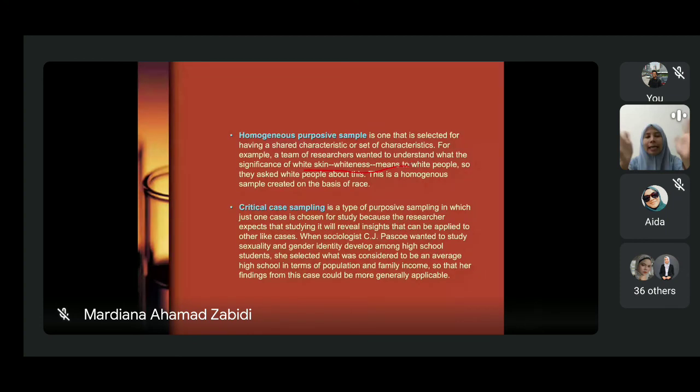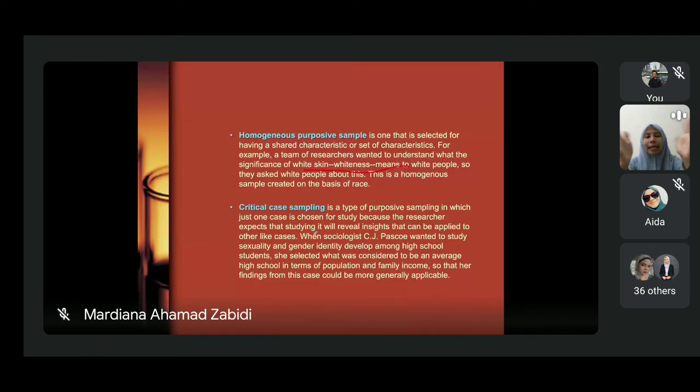Okay, and then critical case sampling is the type of purposive sampling in which just one case is chosen. Okay, kita hanya pilih seorang saja for study because the researcher expects that the study will reveal insights that they can apply to other cases. Contohnya macam they all akan study a few people untuk beberapa tahun, the same individual, because they all nak relate maybe in terms of the health issue ke, the habit ke, habit tu bila dia buat macam ni nanti dia jadi lebih sihat ke ataupun dia mudah sakit ke.